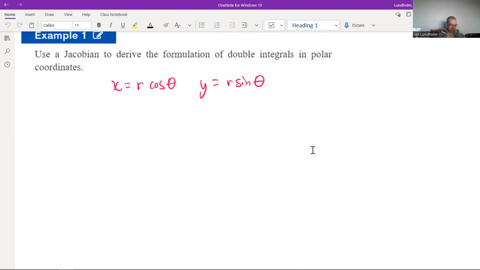And so, to calculate the Jacobian, we'd be taking the determinant of a matrix where we've got partial x, partial r, partial x, partial theta. So that's the gradient of x on the top, the gradient of y on the bottom, partial y, partial r, partial y, partial theta.